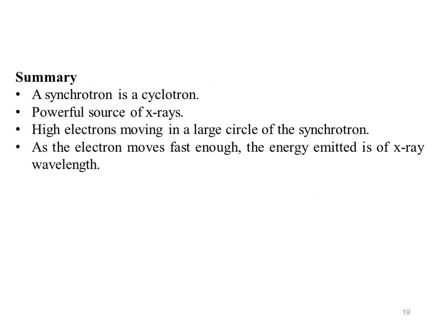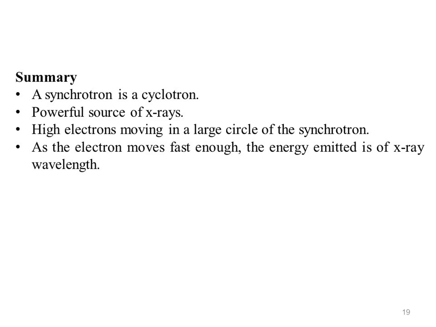Summary about synchrotron. A synchrotron is a cyclotron wherein the strength of the magnetic field increases with the energy of the particles to maintain their orbital radius constant. It is an incredibly powerful source of X-rays.